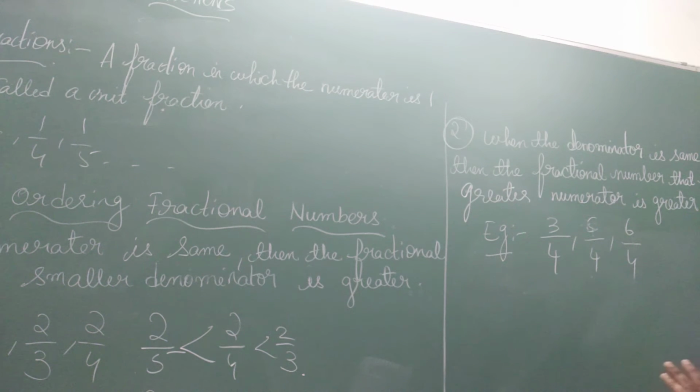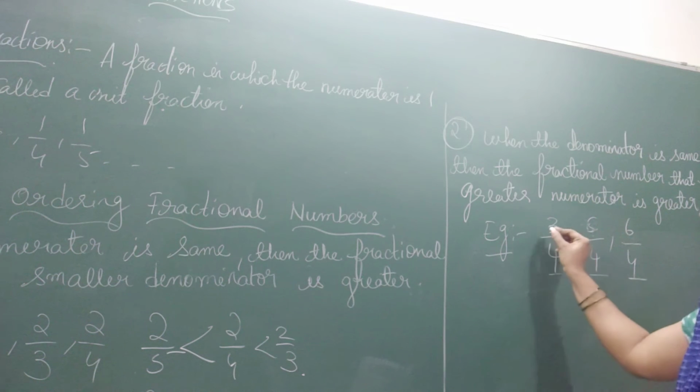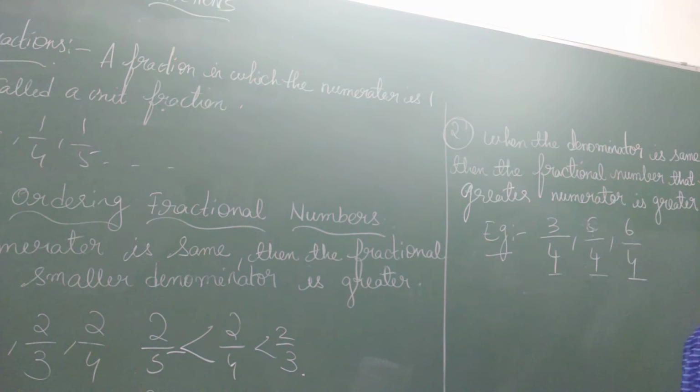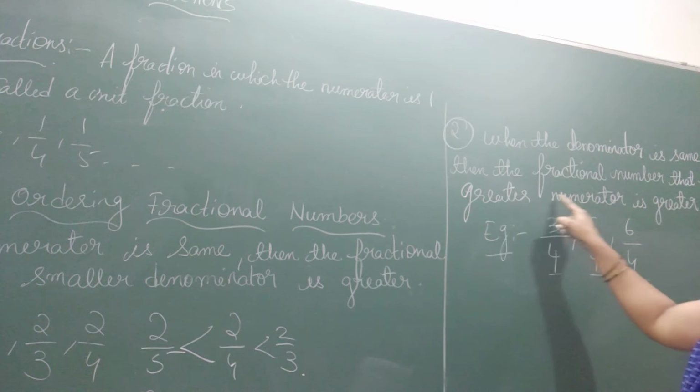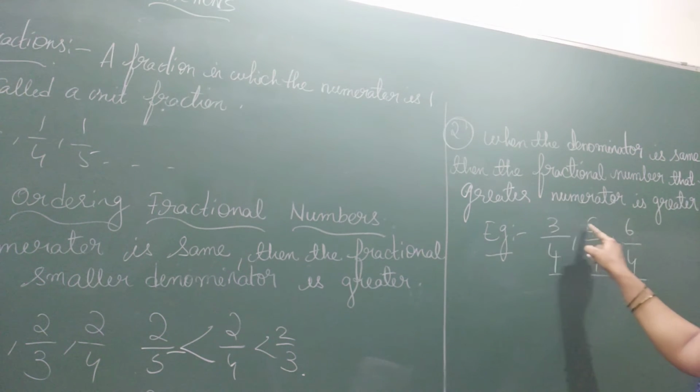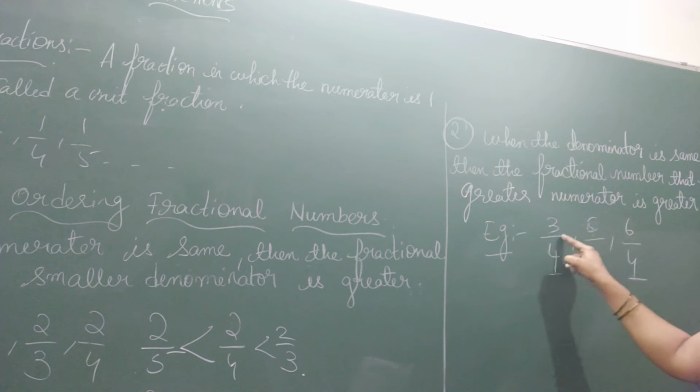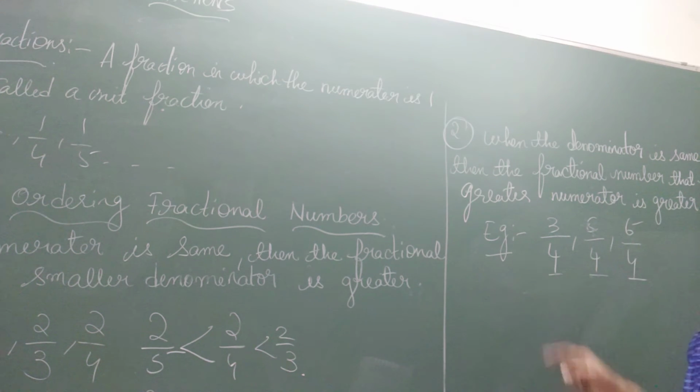Now look here. I have taken numbers where the denominator is the same. So when the denominator is the same, I need to observe the numerator values, and the fractional number that has the greater numerator is the greater number.